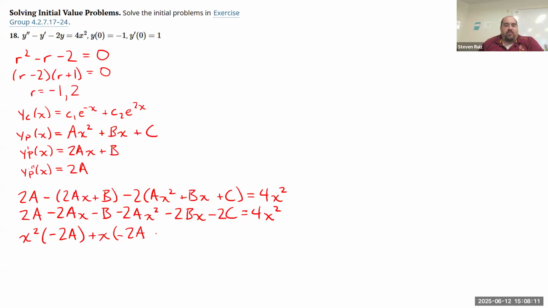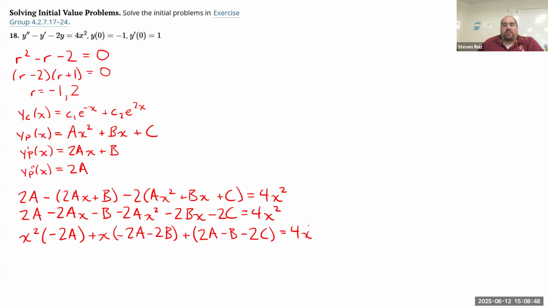I have a negative 2b. Is that it for x's? Okay, and what else? What are my constants? Anything that's free of x is 2a minus b minus 2c.